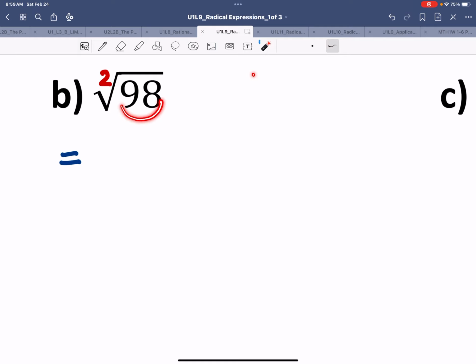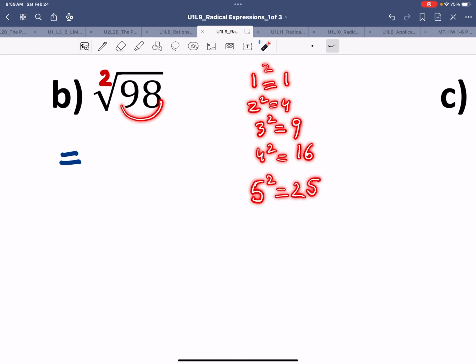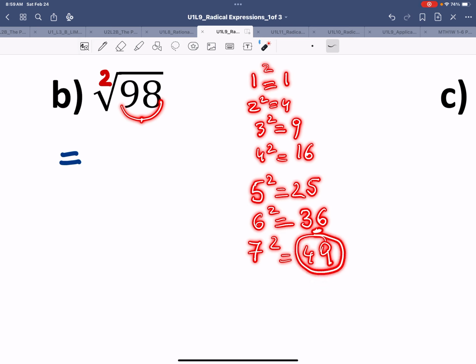So perfect powers of 2 are 1 squared, which is 1, 2 squared, which is 4, 3 squared, which is 9, 4 squared is 16, but that's not a factor of 98. 5 squared is 25, that's definitely not a factor of 98. 6 squared equals 36, it's not a factor of 98, and you can always check if it is a factor by dividing 98 by whatever perfect power you're getting here. 7 squared is 49, so if you divide 98 by 49, you get 2, which means 49 is a perfect power and a factor of 98.